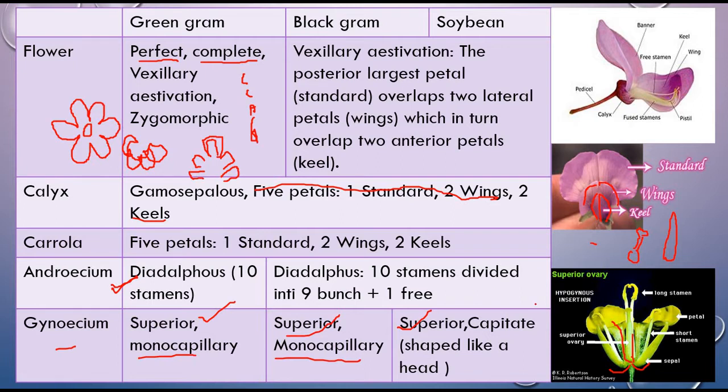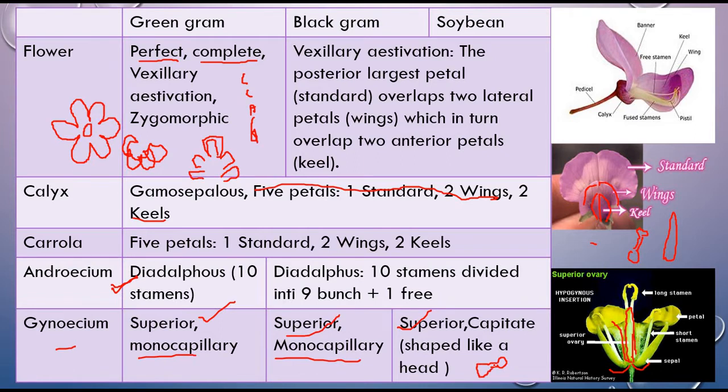So the gynoecium present, this is the flower of green gram. The ovary is not specified or differentiated into different parts. So the gynoecium is monocarpellary in case of green gram and black gram, while in case of soybean, the condition of gynoecium is capitate.